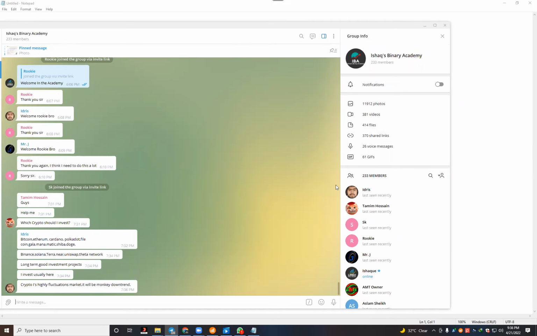In this academy, what's new for you people? How many pictures are there? 11,000, or 12,000 pictures, right? Yes. I think there will be more than 5,000 pictures of the trading, where you will find the trades. If you download these pictures and make a PDF, you will find so many ideas about trading, so many strategies.